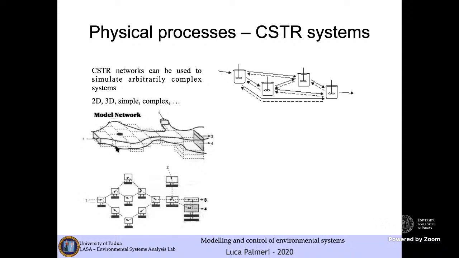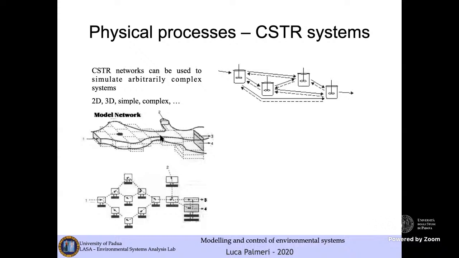For example, as a model network, we may subdivide our estuaries. Let us focus our attention on a river estuary. We can subdivide our estuary into boxes in which we may consider acceptable the CSTR approximation. This means that in each of these boxes, you will have a constant concentration. These boxes are all well mixed, with constant concentrations.